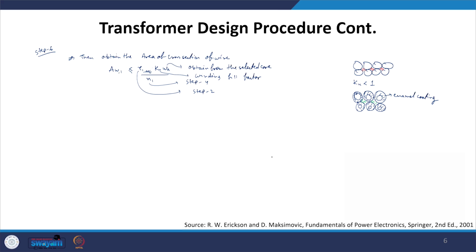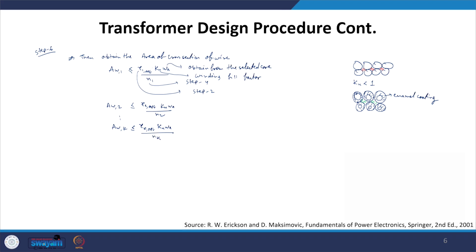Using this relationship we can get AW1, and similarly we will get AW2 by gamma 2 optimum Ku Wa by N2, and so on. You can define for the kth winding gamma k optimum Ku Wa by Nk.